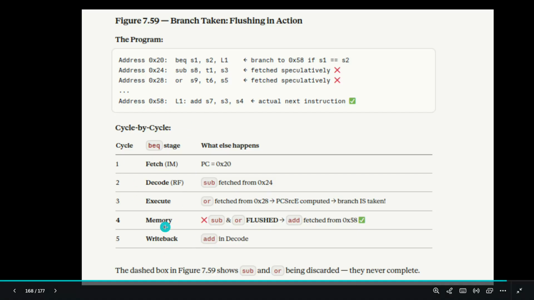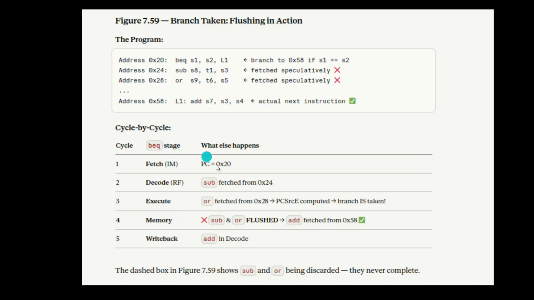Before the write back cycle, in the memory cycle, the sub and or would be flushed.